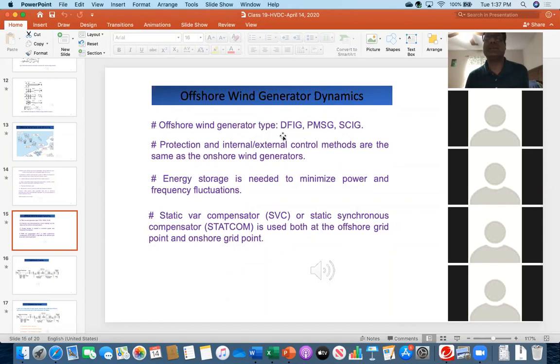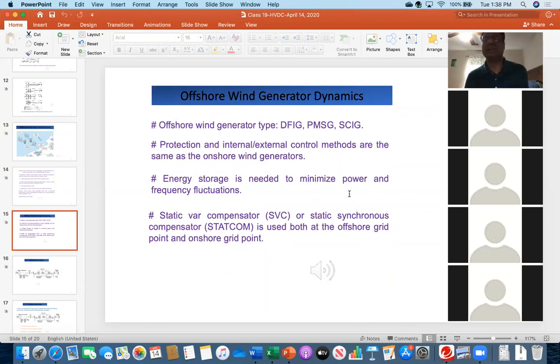Basically, these three types: DFIG means doubly fed induction generator, PMSG means permanent magnet synchronous generator, and SCIG means squirrel cage induction generator. This is type 1, this is type 3, and this is type 4. And the production and internal or external control methods are the same as for onshore wind generators.